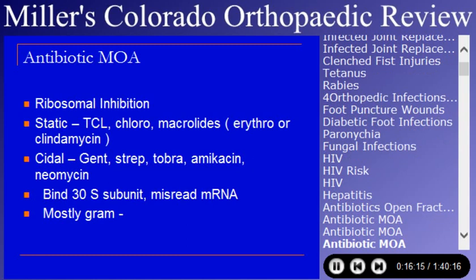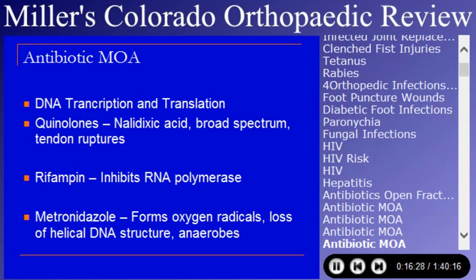They can bind more than just the 30. They can bind the 50, 70, or 80 S subunits as well and cause a misread of messenger RNA. Ribosomal inhibition drugs are mostly gram-negative drugs. Some drugs affect DNA transcription and translation. Quinolones are derivatives of nalidixic acid. They have a very broad spectrum. There is increasing resistance, unfortunately.